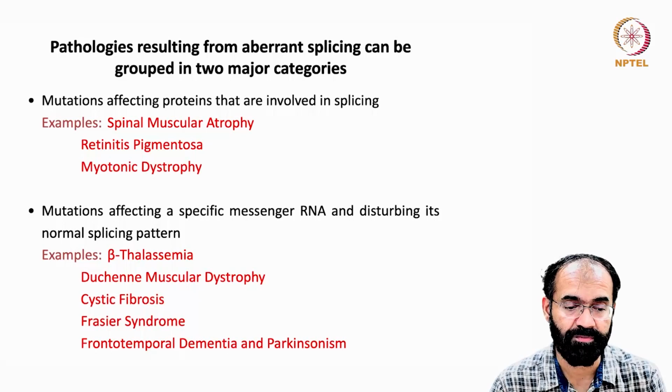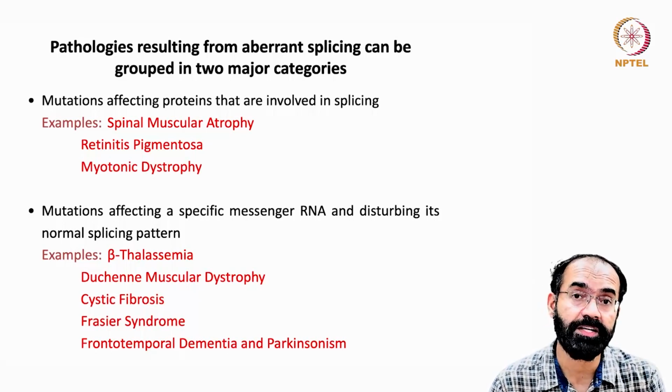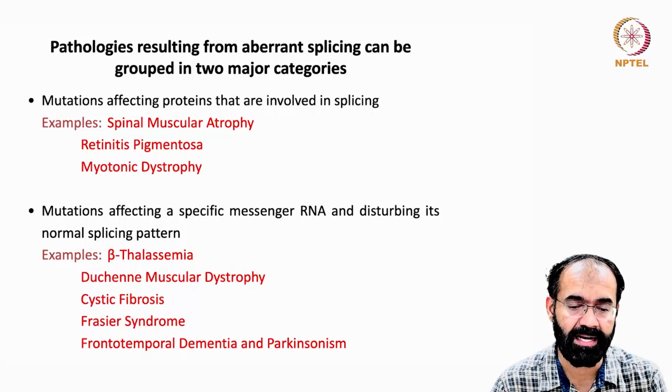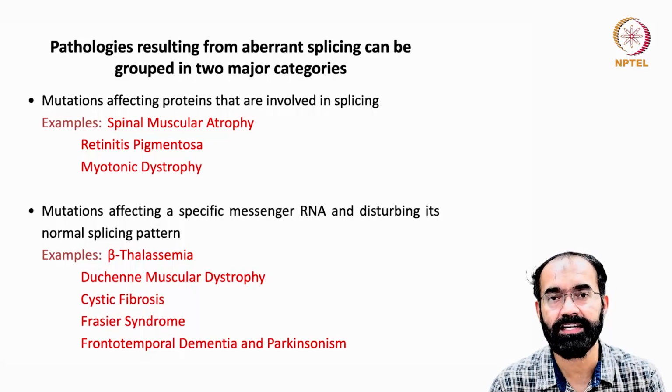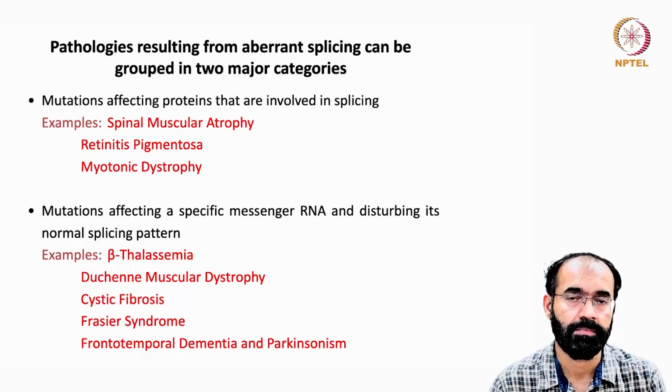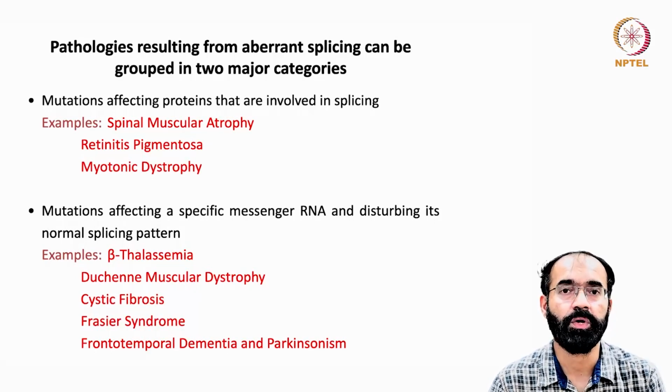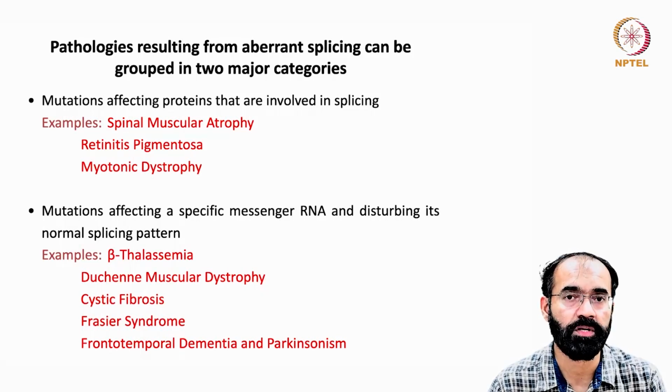Splicing machinery is affected, and then comes the second category: mutations affecting a specific messenger RNA and disturbing its normal splicing pattern. It's like if one student is not doing well, that is that student's problem.